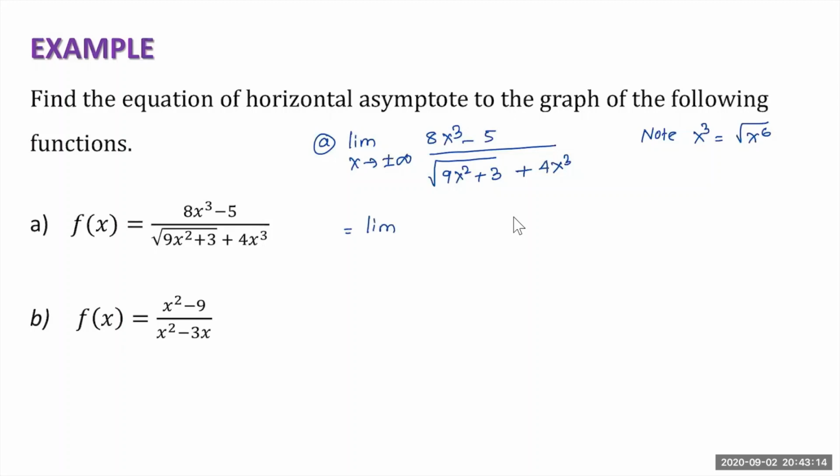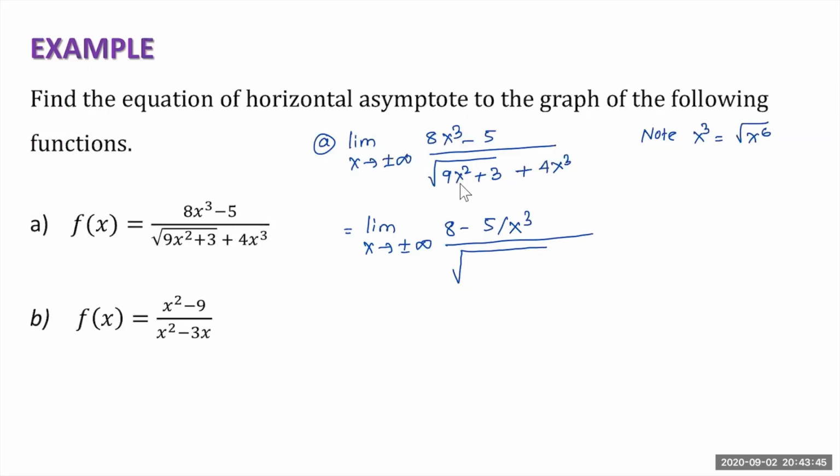So this will be the limit as x approaches positive or negative infinity. 8x cubed divided by x cubed is equal to 8. Then minus 5 over x cubed. In the denominator, you have the square root of 9x squared divided by x cubed, which is the same as dividing by x to the 6.